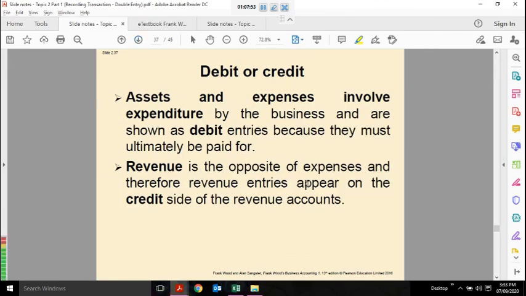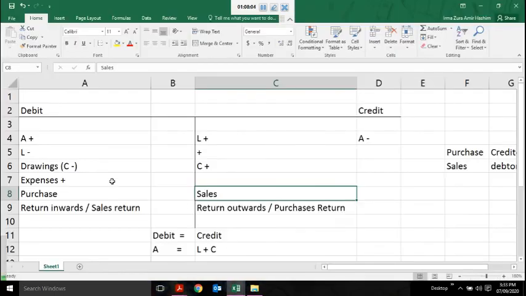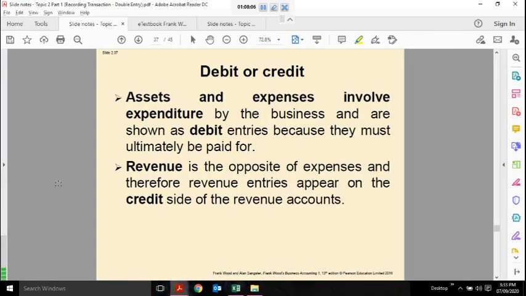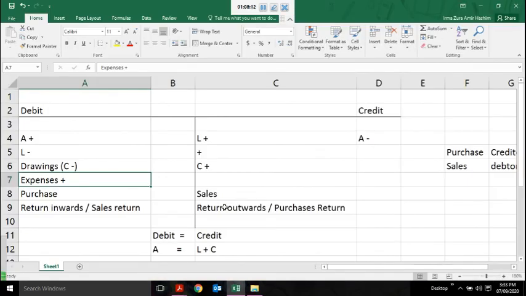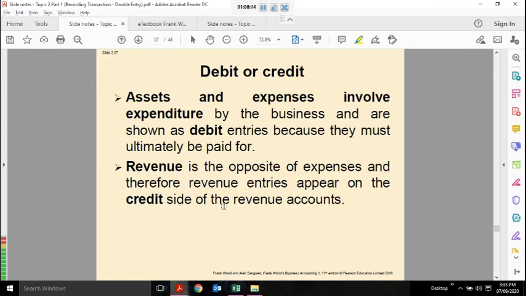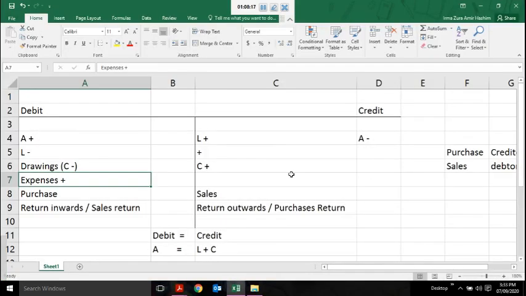Okay, so debit or credit. Asset and expenses involve expenditure by the business, and expenses you will record as debit, as I mentioned just now. So whenever your expenses increase, you will record it on the debit side. Revenue is the opposite of expenses.